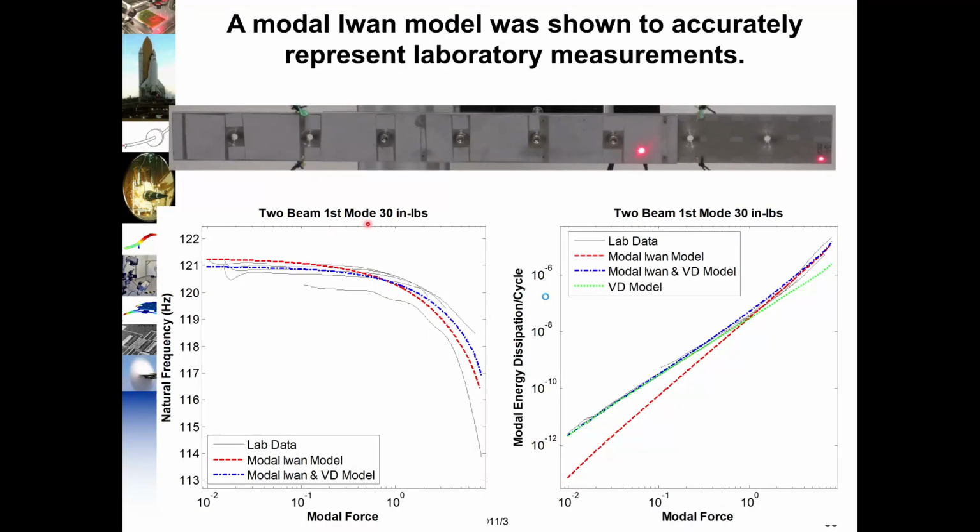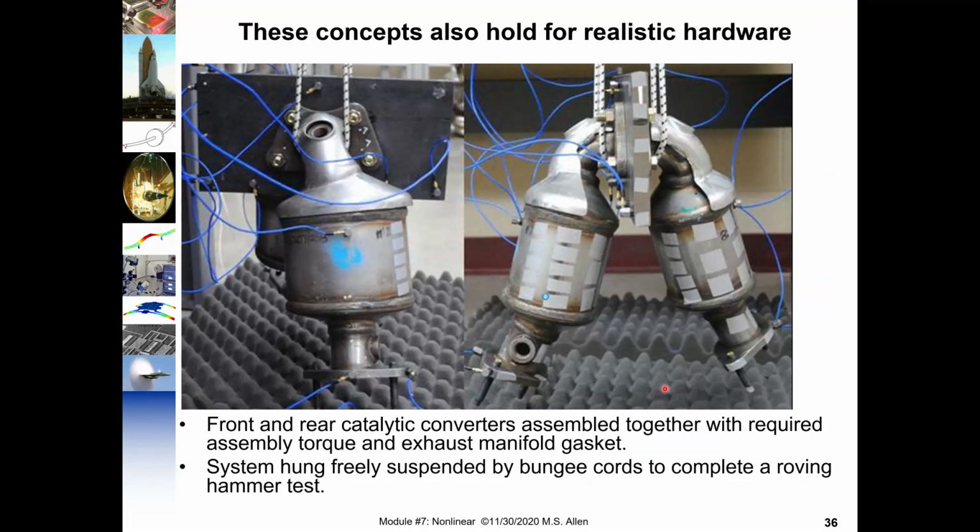And as we look at the first mode, we saw this kind of behavior where we had the frequency going down, but only a little bit, right? This is a pretty small nonlinearity, but the damping actually went up quite a bit as vibration amplitude increased. And since then, we've seen this same behavior on lots of structures.